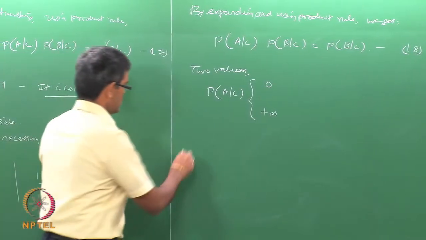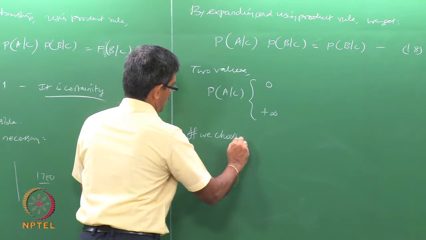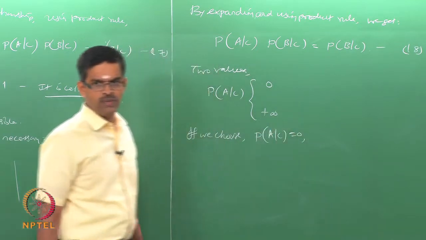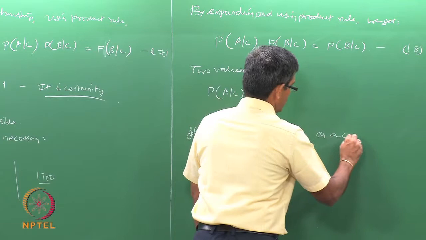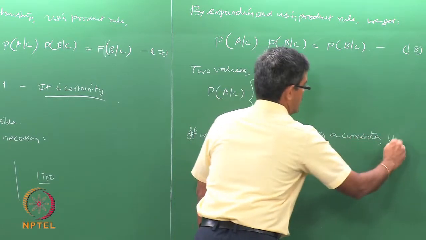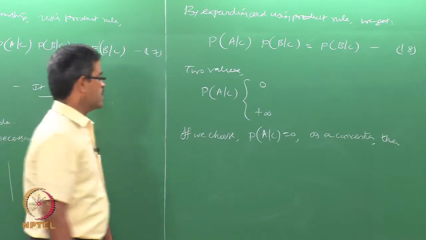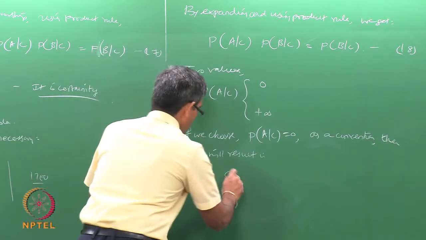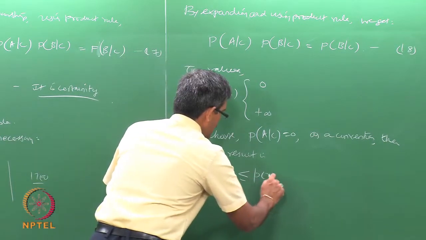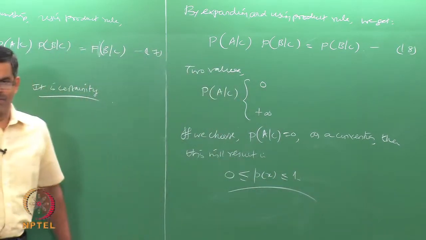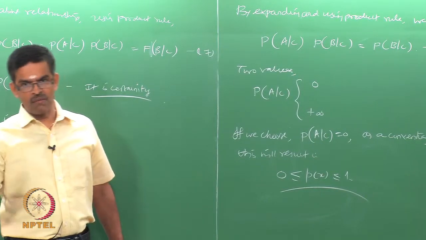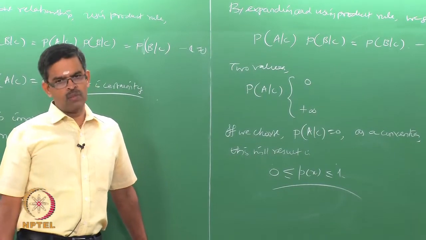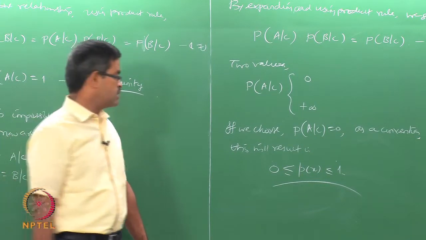If we choose probability of A given C as 0 as a convention, then this will result in 0 less than probability of the function less than 1. That is nothing but the value of the level of confidence of any specific event lying between 0 and 1. Therefore, plausible reasoning is connected to probability theory by a real value which lies between 0 and 1.